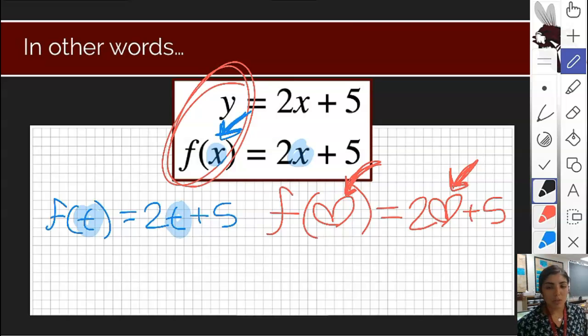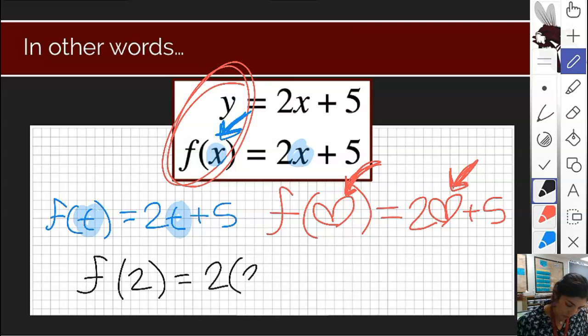We need to be able to do this for numbers in the function's domain, which means we're going to be putting not just other symbols or letters in there, we're going to be putting different numbers. If I did f of 2, now instead of putting t's or hearts everywhere there's an x, I'm going to put a 2. Now it's good math to put that 2 in parentheses so that we know we're multiplying them together. If we just put a 2 next to a 2, it would look like 22, and that's confusing.